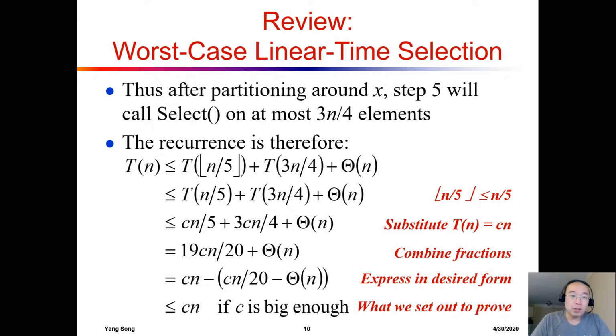And we also have a very smart worst case linear time selection. This is very tricky, and you need to understand there is such an algorithm. I won't ask you to analyze or design an algorithm that hard in the final exam, but you need to know this algorithm because it is really smart.